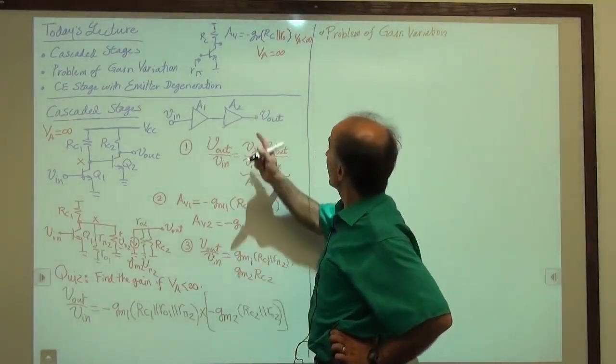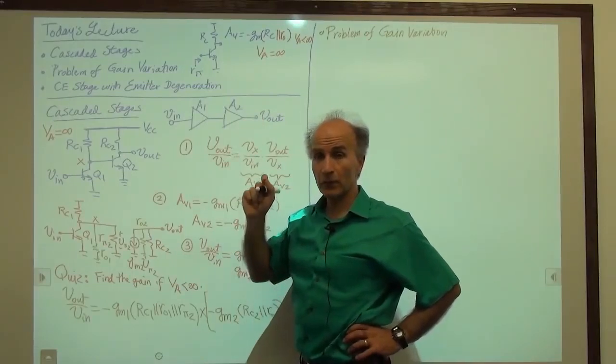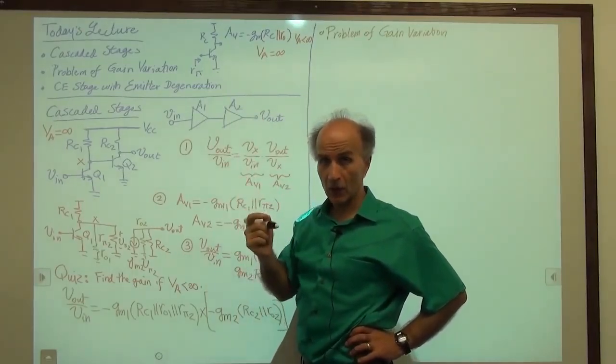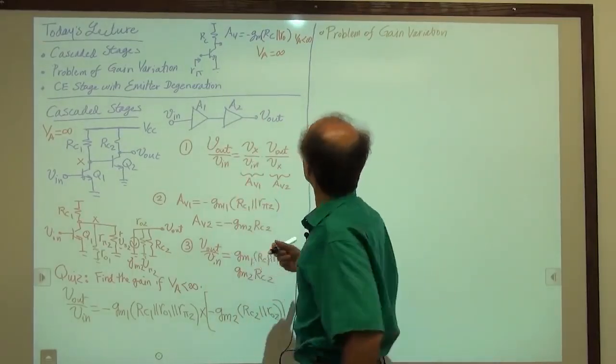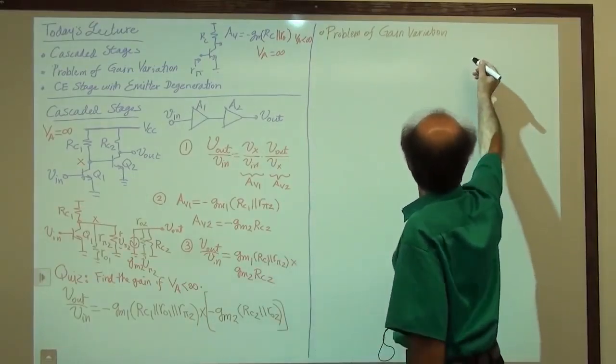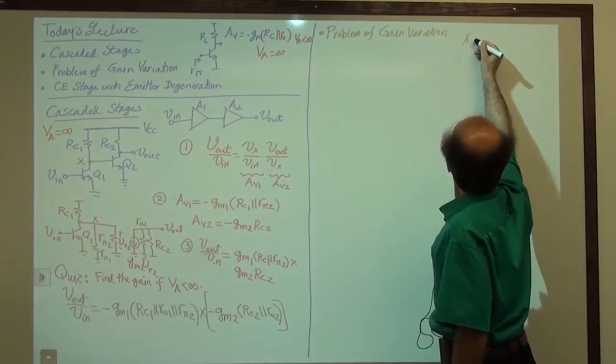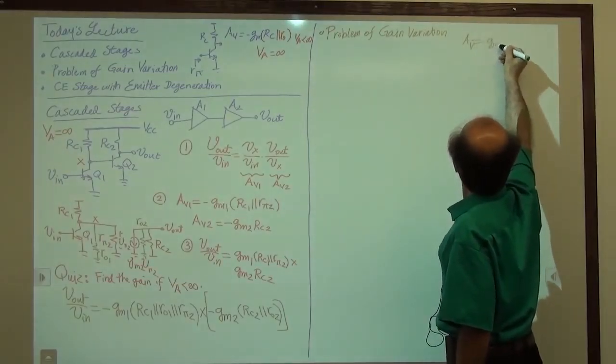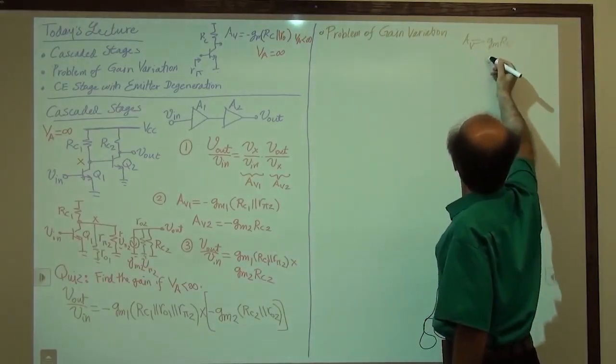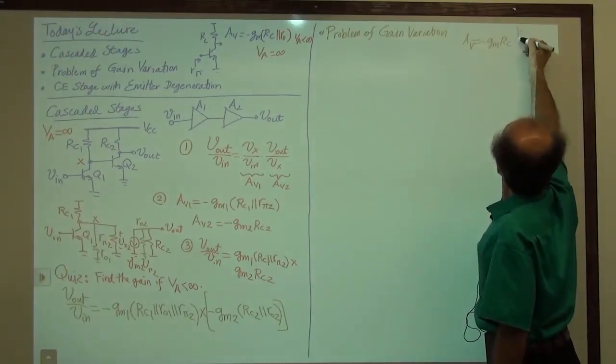We also know that GM is equal to the collector bias current IC over VT. So let's write that here. So we have AV equals minus GM RC if the early voltage is infinity.